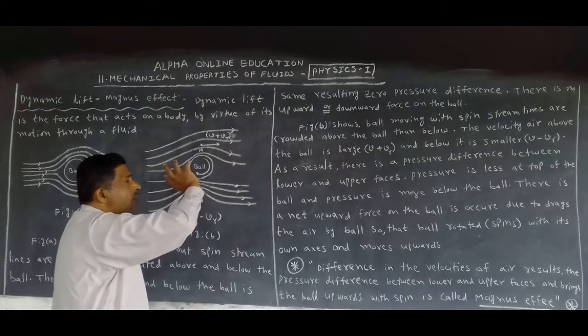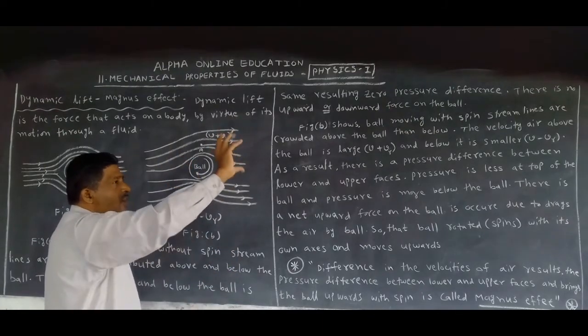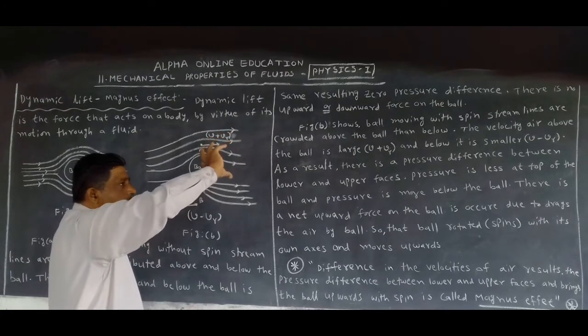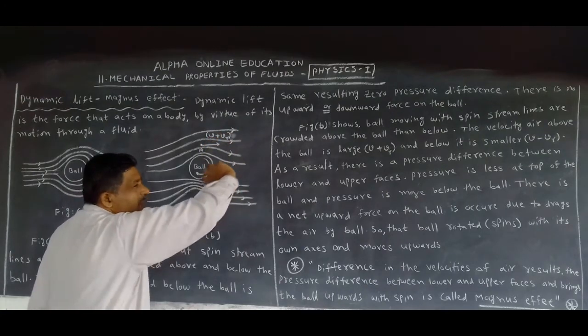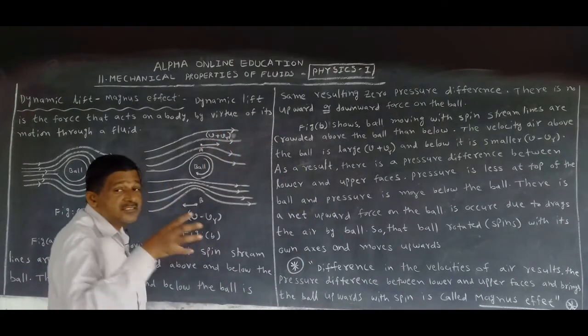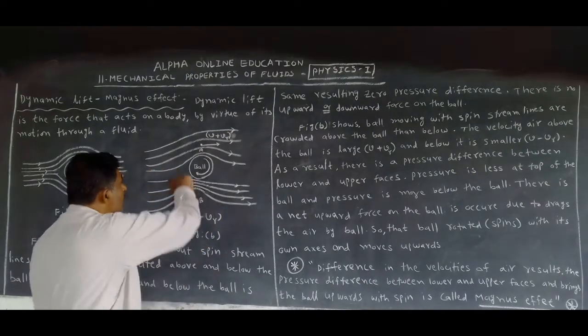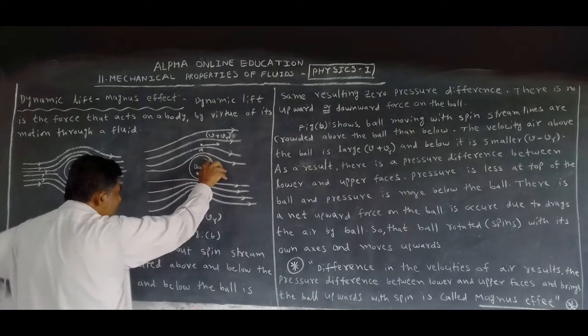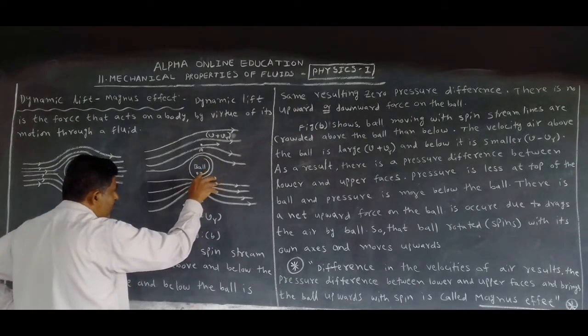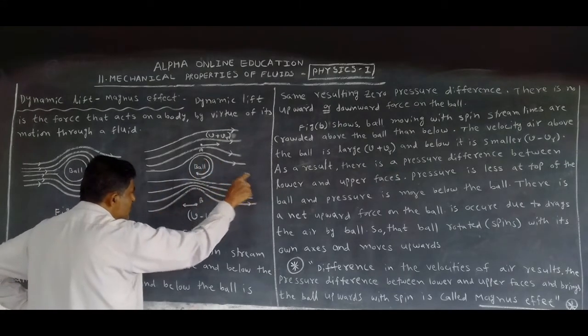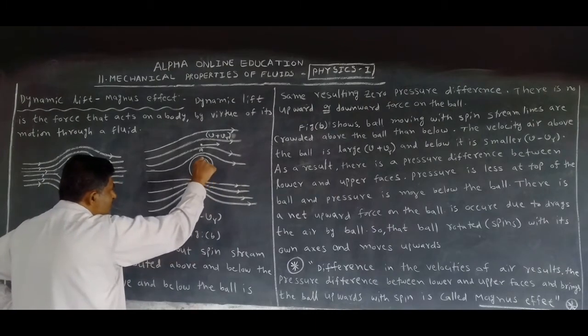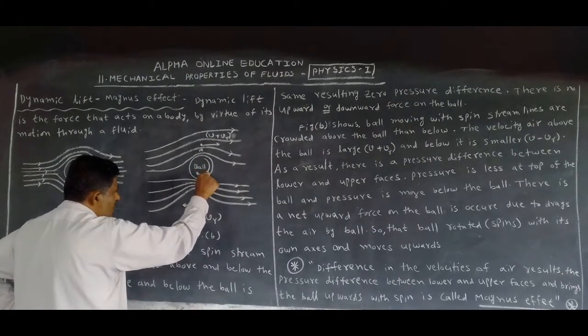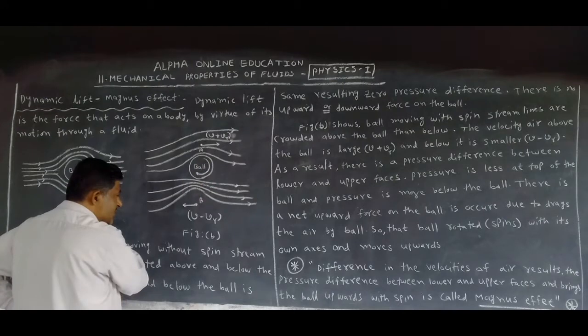When the ball is in the fluid or in the air, the ball drags some fluid around it. The ball moves in this direction, and the dragged velocity VR is in this direction.